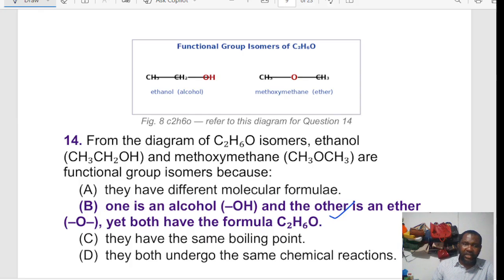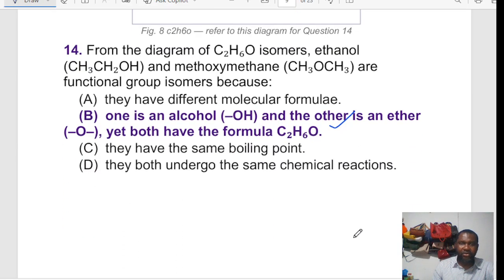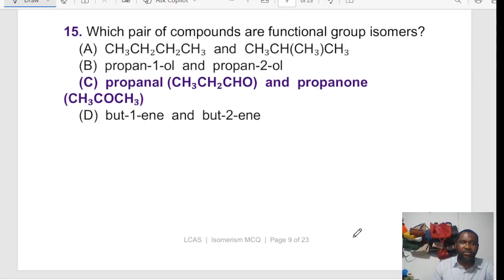C says they have the same boiling point. No, they can never have the same boiling point. In fact, ethanol has a higher boiling point than methoxymethane because of hydrogen bonding, but that's not the purpose of this class. D says they both undergo the same chemical reaction. No, they do not.